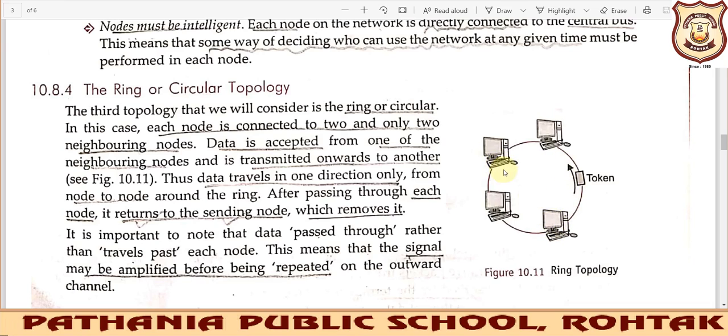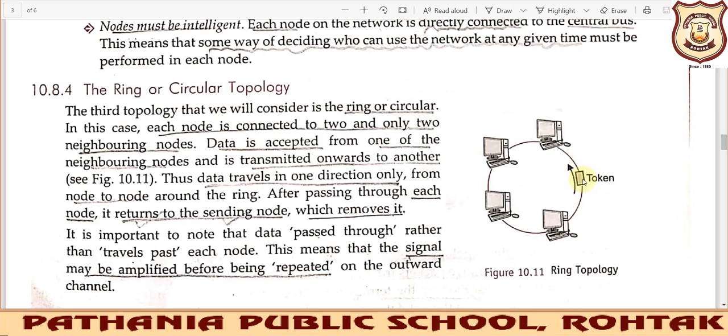It is trying to transmit data to it. Okay, so it will take the token and put the data into it, and then release the token. When it is released, it will come here and check whether this token data has my destination address. If yes, it will take the data from this token and release this token for further communication of other nodes.